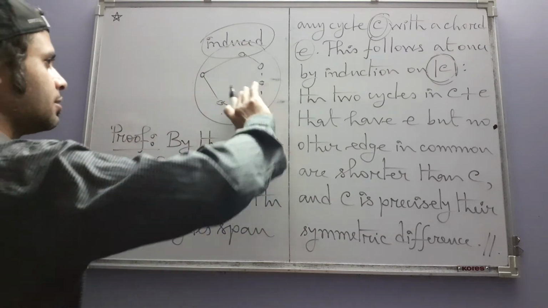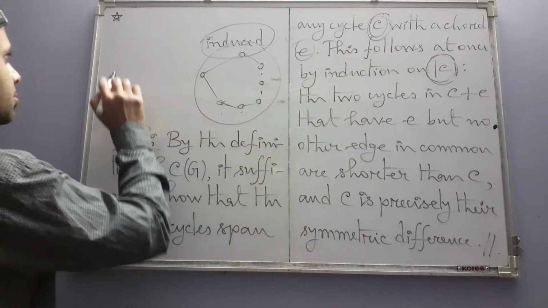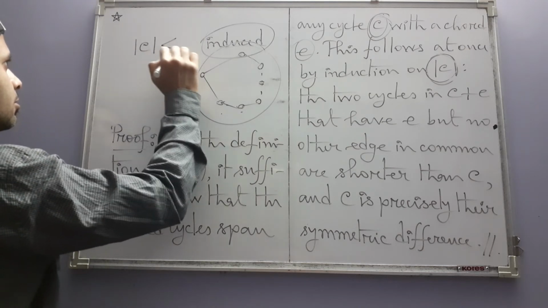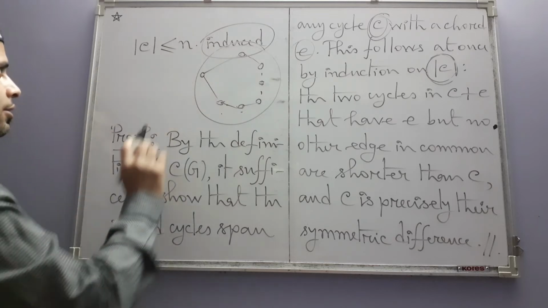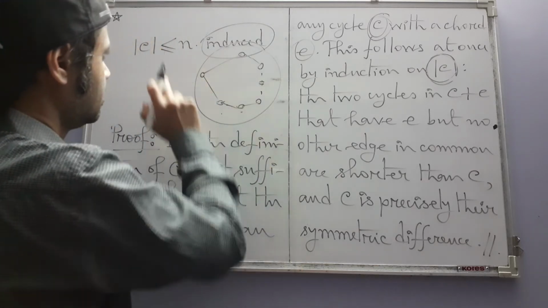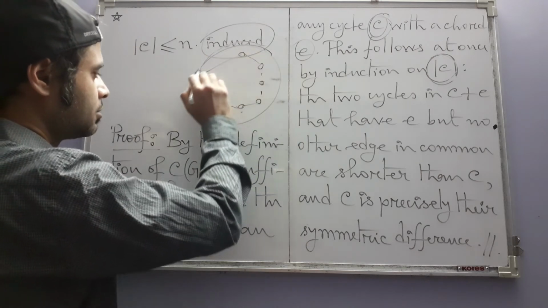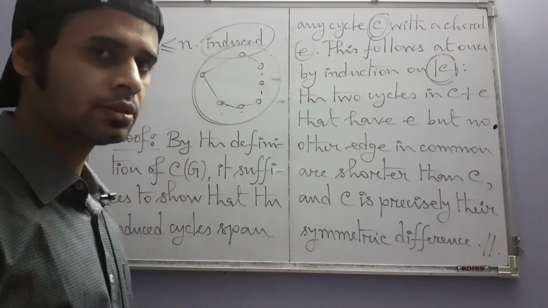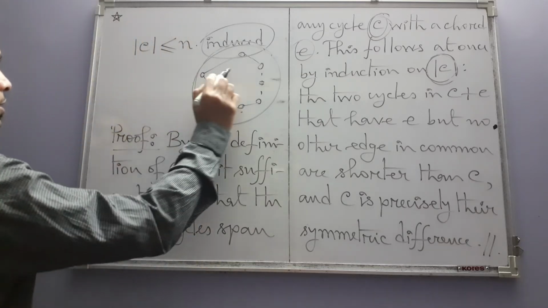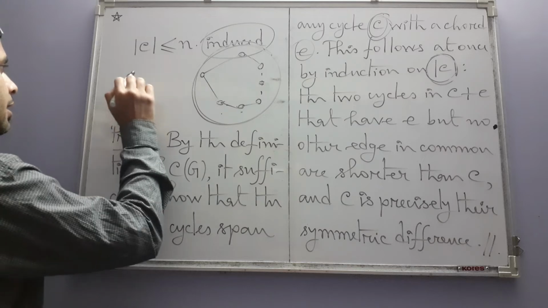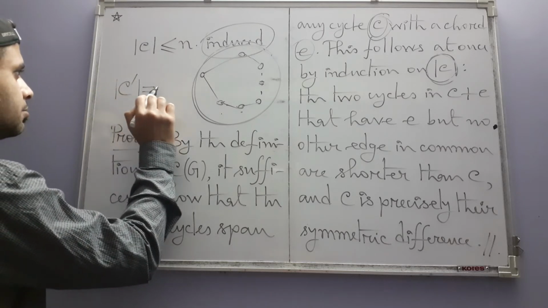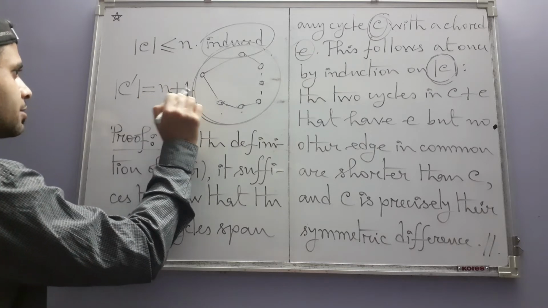Now say the claim is true for all cycles whose sizes are less than or equal to n. n is some integer greater than or equal to the size of the smallest cycle in the graph. This is our induction hypothesis. Now say you consider a cycle C prime whose size is n plus 1.